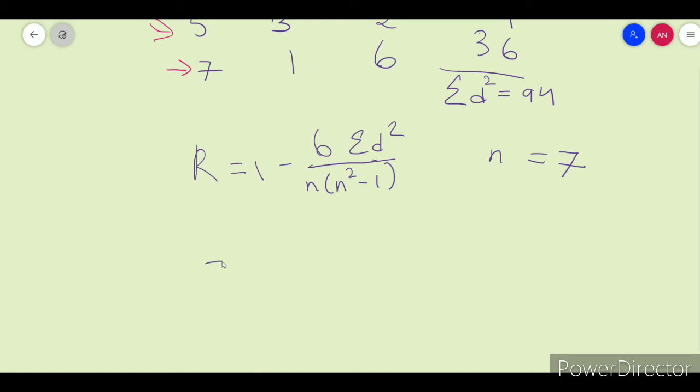So we'll just substitute the values in this formula. 6 multiply 94, over 7 times the bracket.